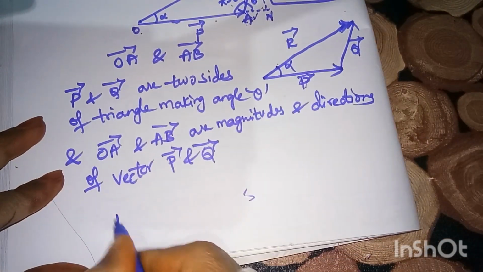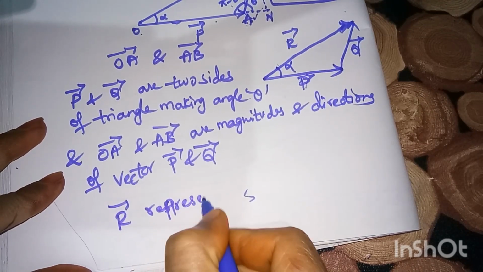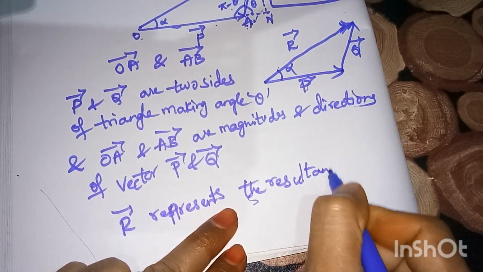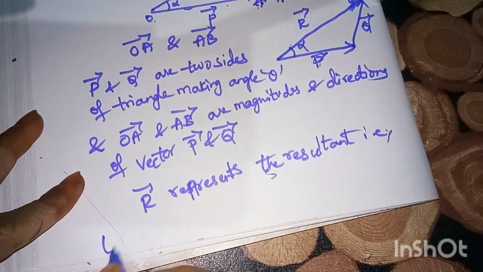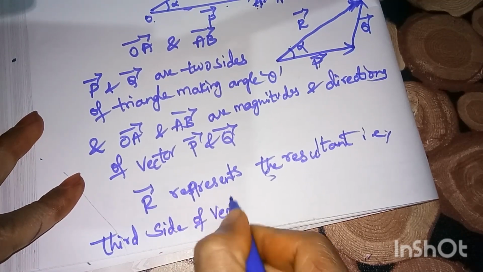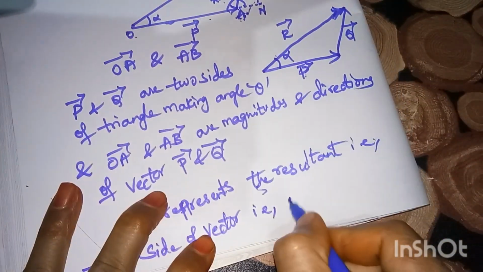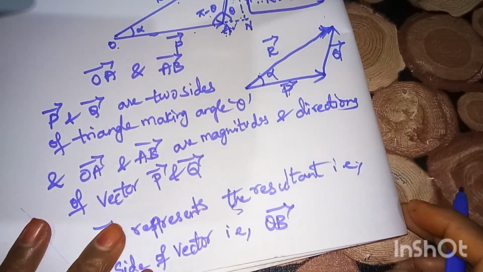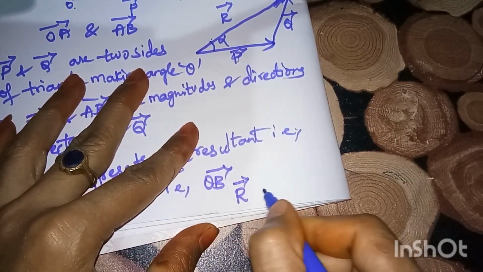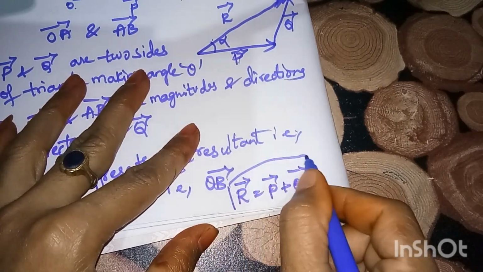R bar represents the resultant, that is the third side of the triangle, OB bar. So R bar, the third side of the triangle, is equal to the sum of the two sides of the triangle.